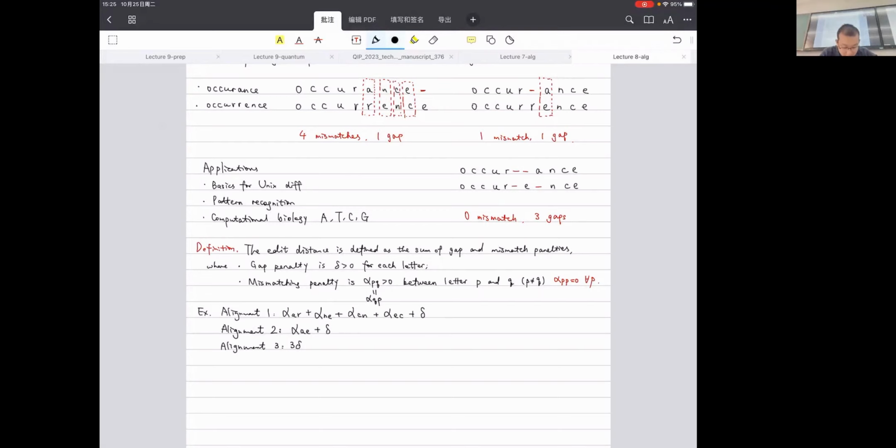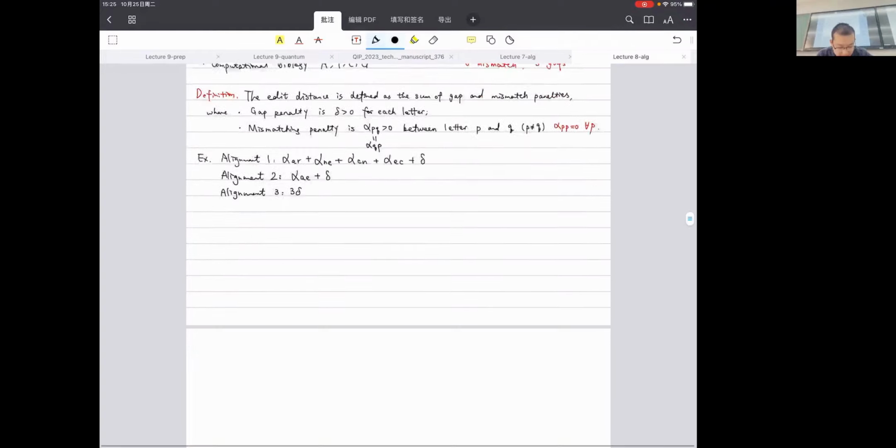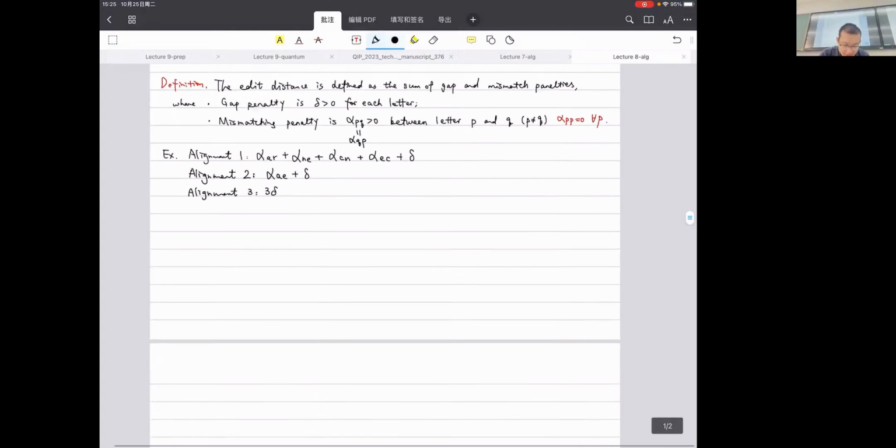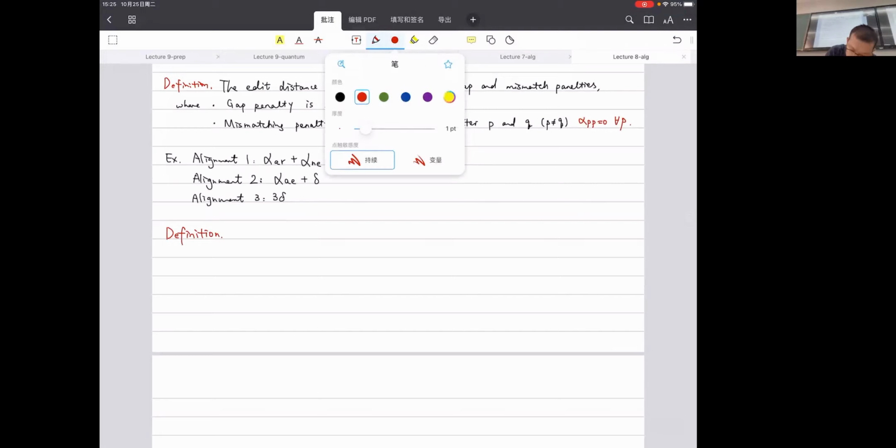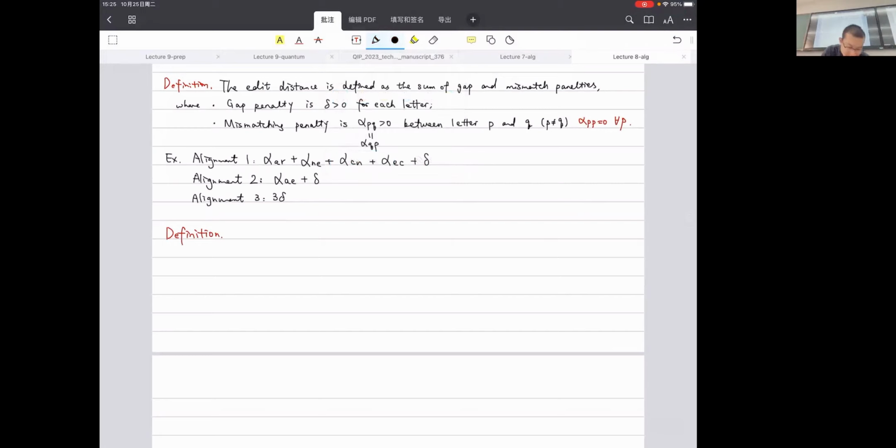Okay, so let's get into the algorithm, basically the problem and corresponding algorithm that we want to give here. Another definition we are going to give is to describe an alignment.